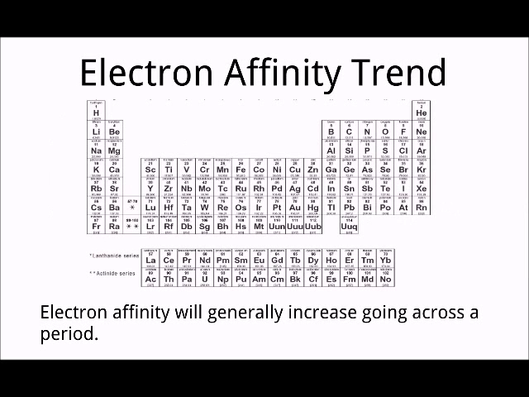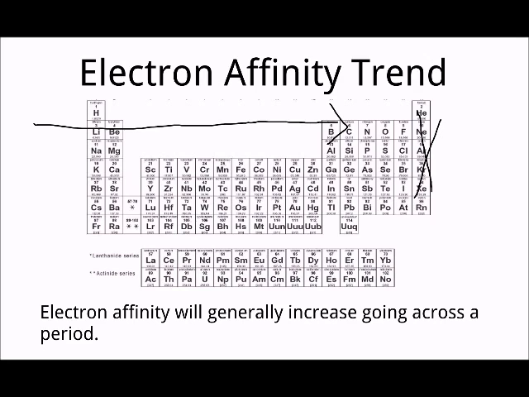So what is the general trend that we can sum up for electron affinity? Electron affinity will generally increase as we go across the periodic table. The up and down is a bit too complicated. We're not going to discuss it right now. But as we go across the periodic table, we're going to have a general increase in electron affinity. Remember, we're excluding the noble gases here. So noble gases participate with ionization energy, electron affinity, but here we're going to have a bit of a break there because the noble gases do not want to pick up extra electrons.